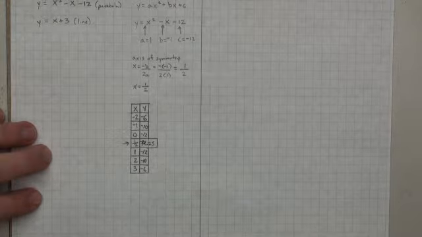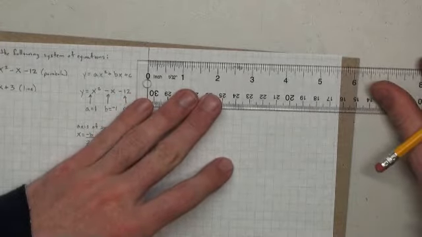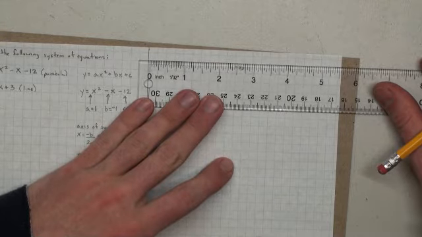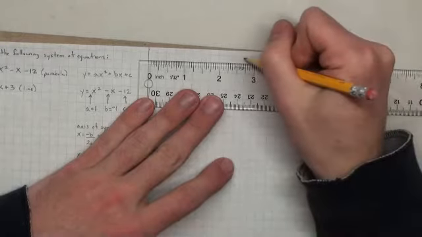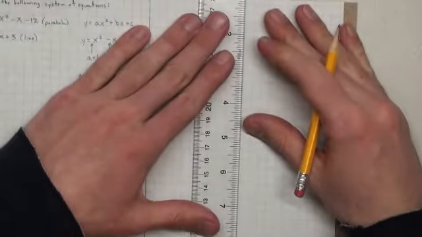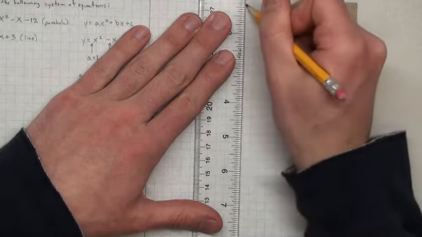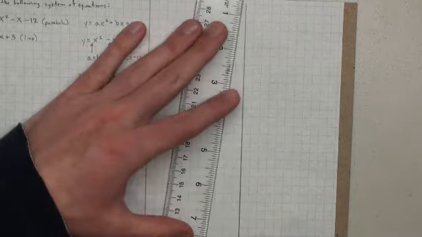Now let's do our graph. Okay. So first I got to set it up. I want to go halfway between the middle and the end, so it's about 5.5. Right? So I want to go 2 3/4. Okay.